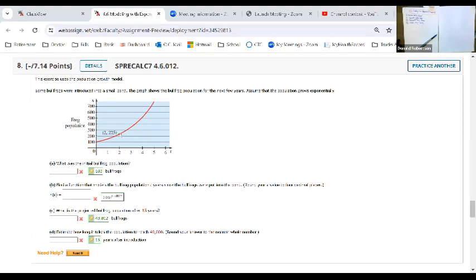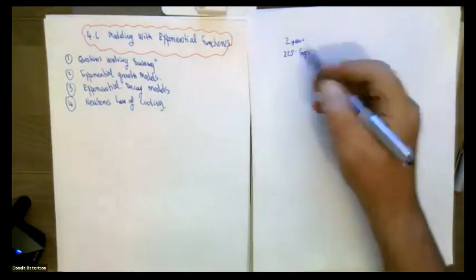Now, if you notice the next point is at 2 years, the population is now 225 bullfrogs. So if you're wondering where this 0.4055 comes from, that's essentially the growth rate. So let's see if we can create that.